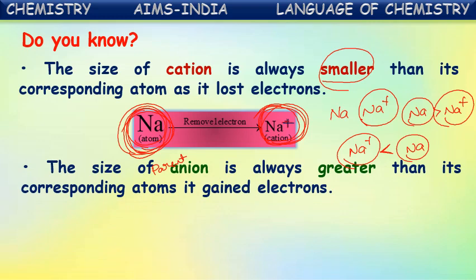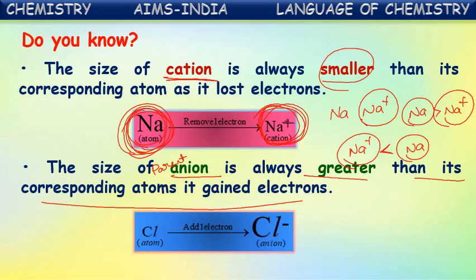See the size of anion. This is about cation, positive charge. Then what about anion? An anion is always greater than its corresponding atom. It gained electrons. See the chlorine atom: chlorine atom gaining 1 electron, so its size will be bigger. Cl minus is greater than Cl.